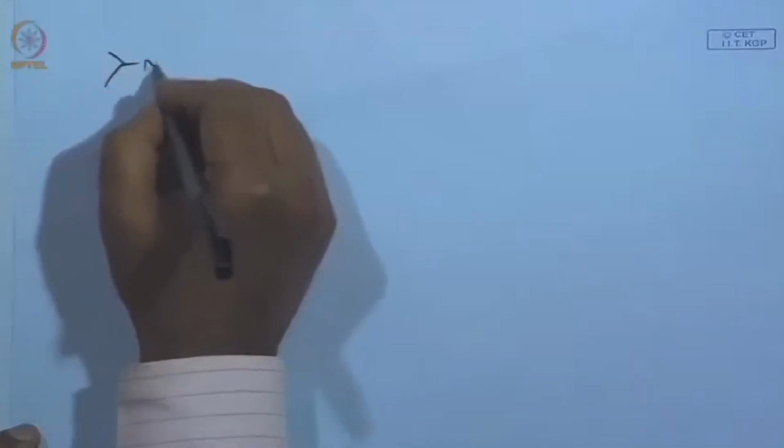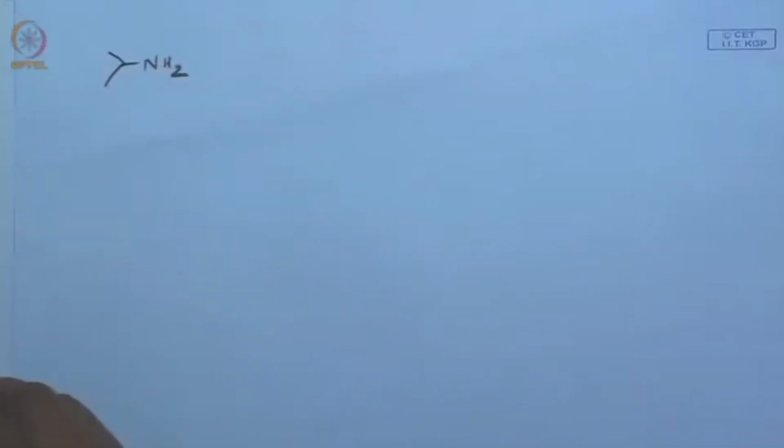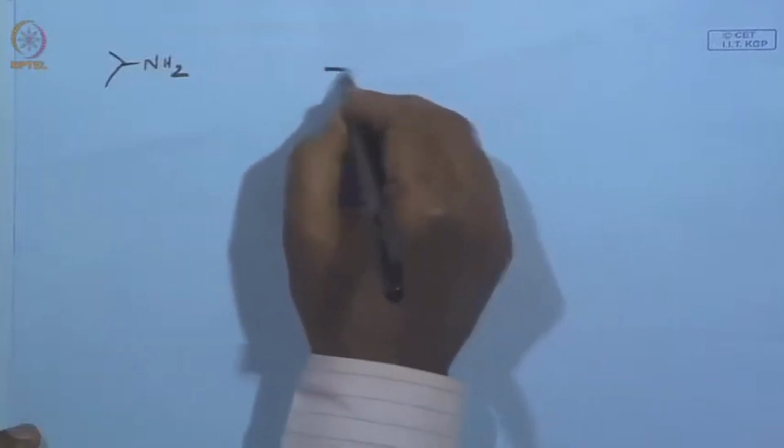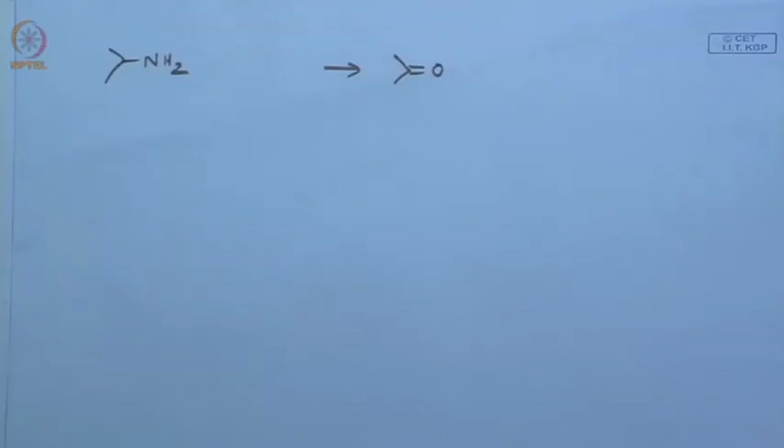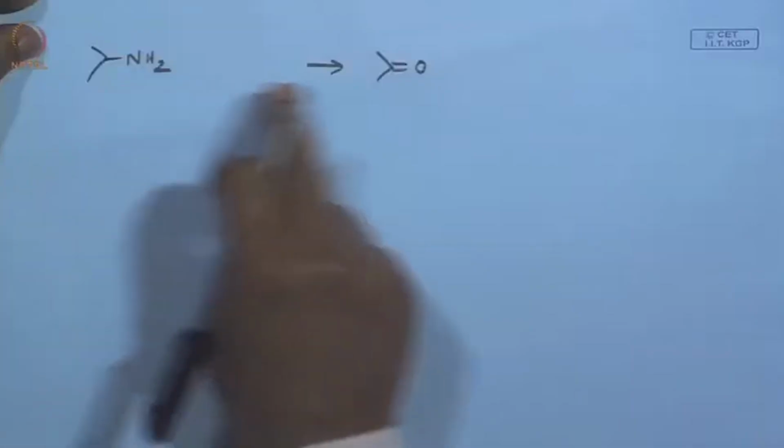Let us take up a simple example, which is really unpredictable. It is a primary amine, right? Primary amine. How to convert this into this? Titanium trichloride. Titanium trichloride. That's the first oxidation. Okay. So, let us see first whether it is an oxidation reaction or not.